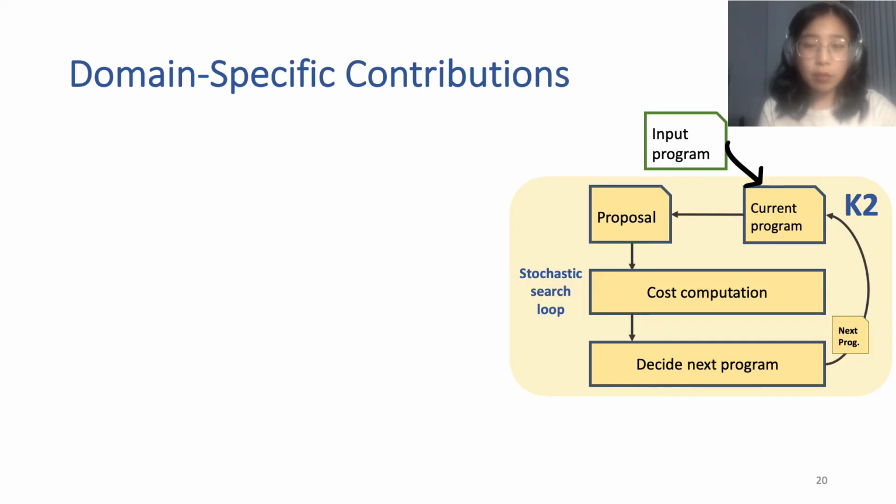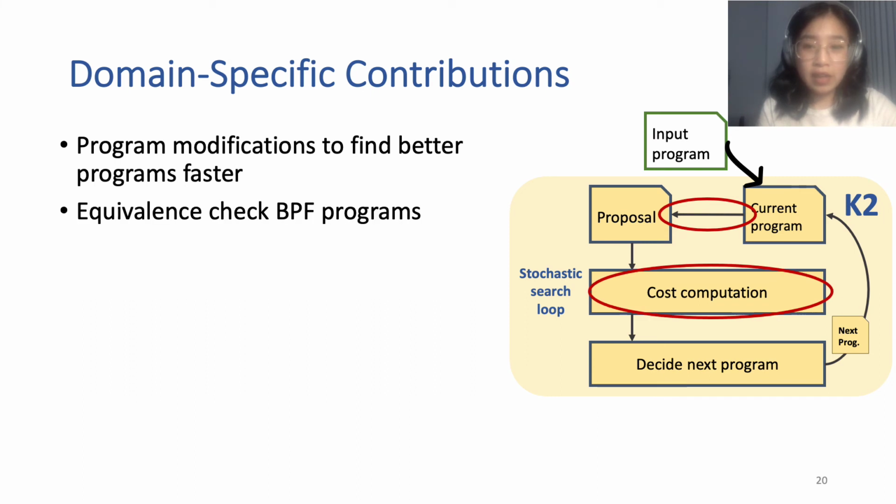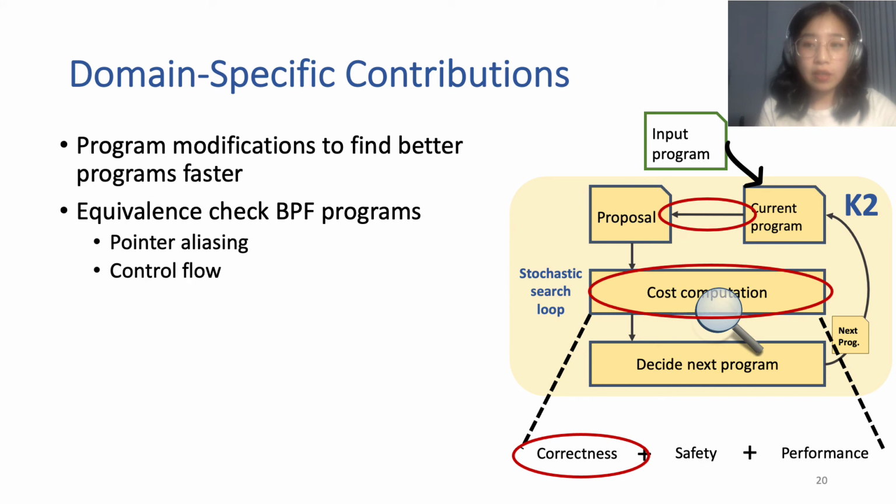K2 makes several domain-specific contributions. We propose several program modifications to generate proposals, reducing the search time to find better programs. As part of cost computation, we introduce techniques to check equivalence of programs with pointer aliasing, control flow, and BPF maps.